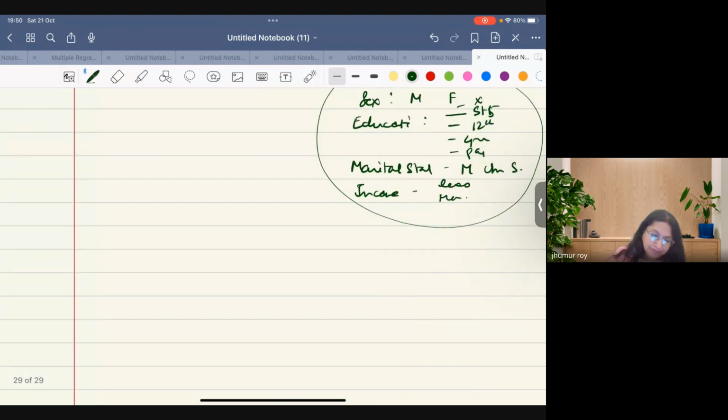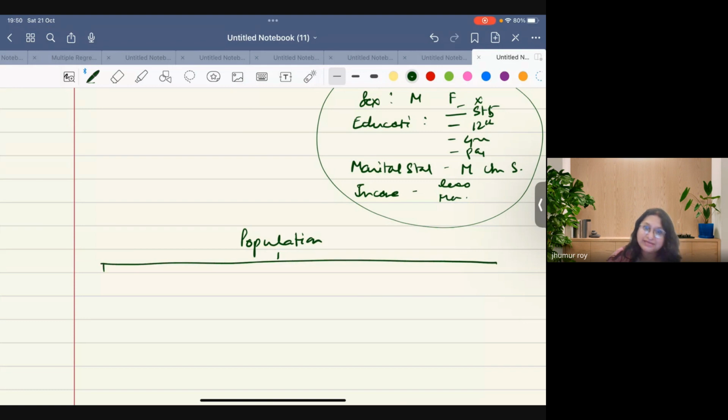For example, if you take a population, as I said, this becomes quite important for a study. So if you want to see, according to age, is there a change in anxiety? Do you want to see according to sex, is there a change in anxiety? According to educational qualification, is there a change in different things?